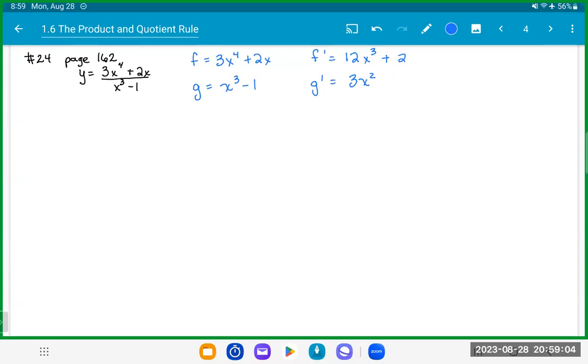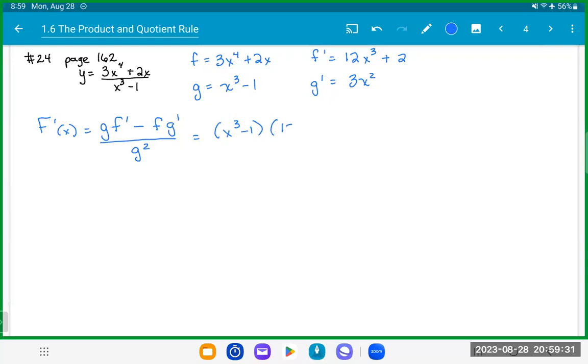All right. So if I want to know the derivative of my function, that is just my g times f prime minus f times g prime, divided by g squared. Okay? So g is x cubed minus 1.